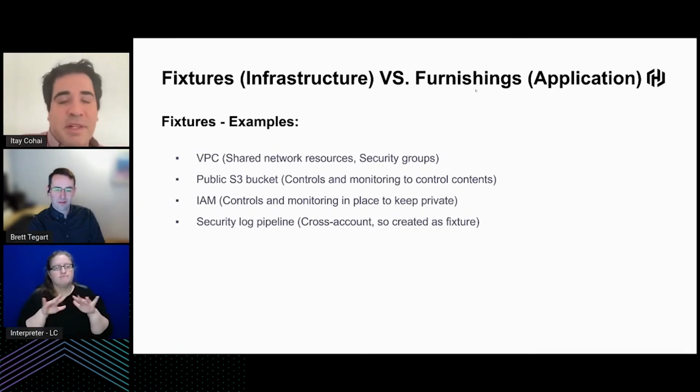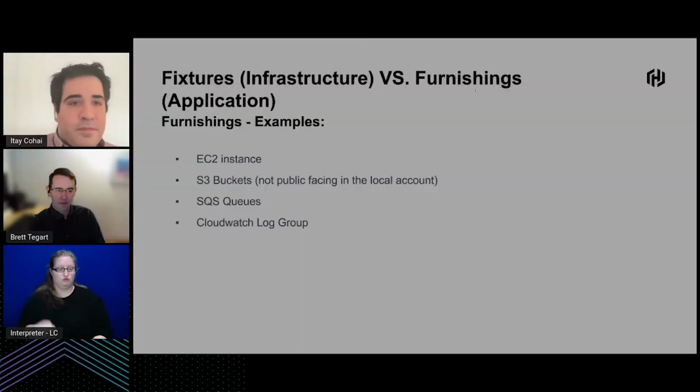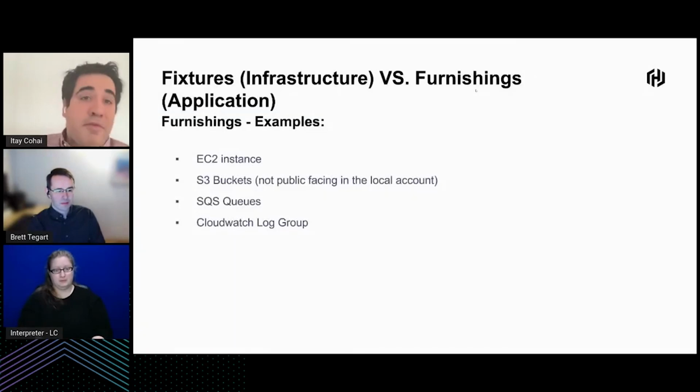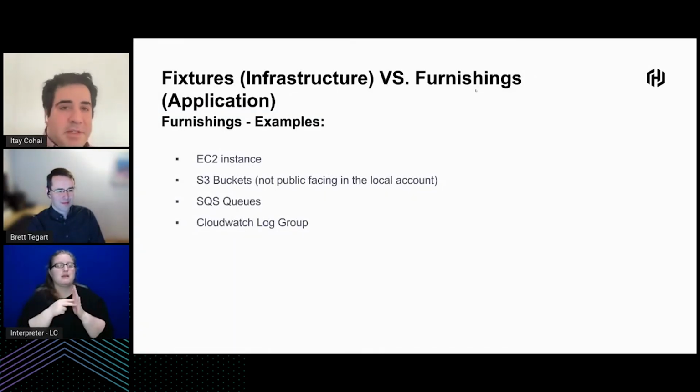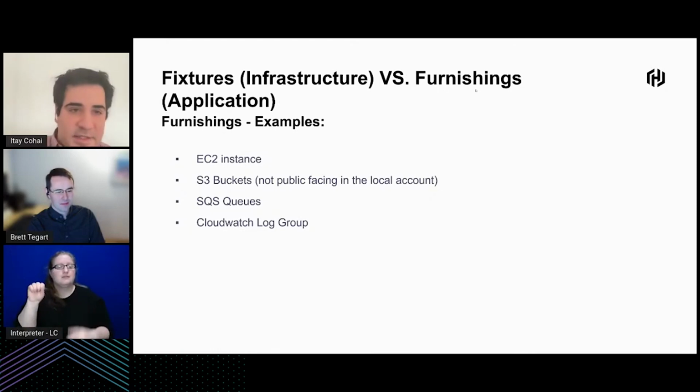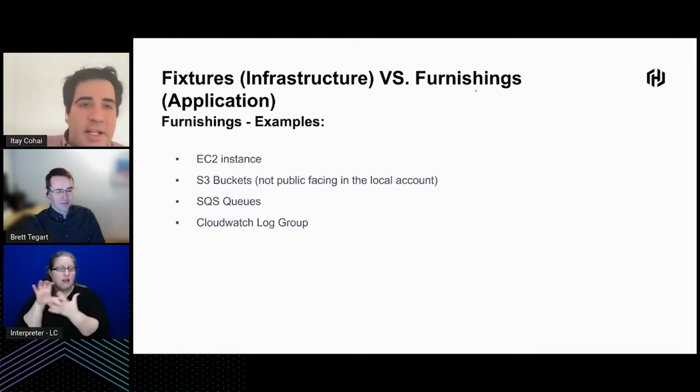All these things belong in the fixture. A furnishing, as I said, is anything else that might be part of the application: EC2 instances, S3 buckets, SQS queues, Kinesis, Kafkas, whatever your application uses, CloudWatch, log analytics workspaces. All this stuff is part of the application. It's being used by the application team.